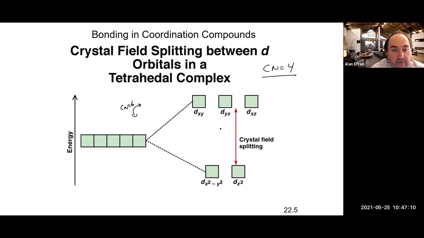Again, if you had a weak field, it would fill like normal and then go up. If it was strong field, it would go this way, then this way, and then up. So it works the same way, except that we have the different d orbitals on the bottom, and obviously those other ones up there on top. But again, it works sort of the same way, depending on the splitting from the ligands that are attached, weak field, strong field, as to how you would fill it up.